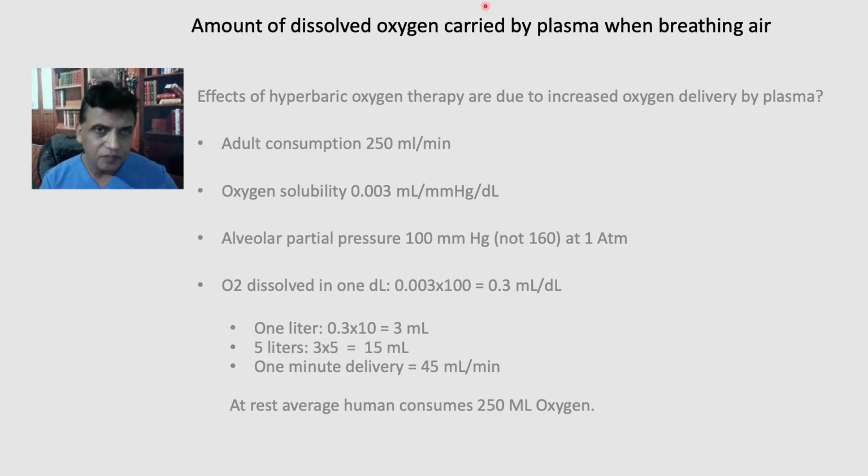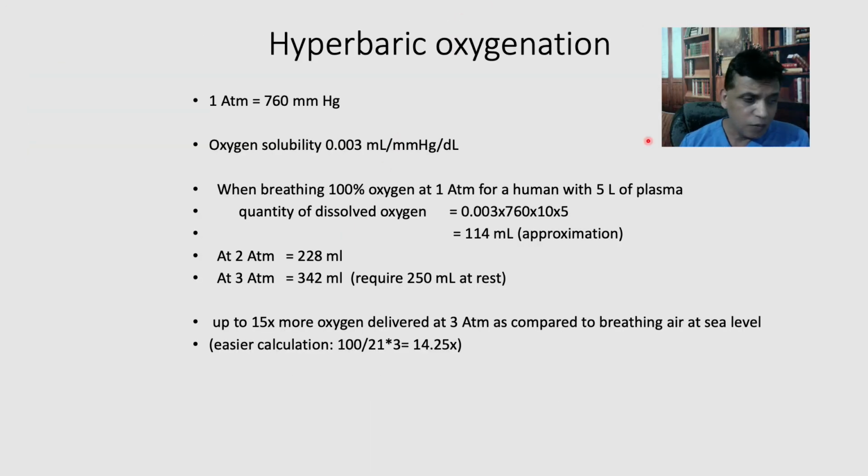Okay? So by what factor does hyperoxygenation increase the amount of oxygen delivered to the tissues as compared to when breathing normal air? Let's explore this. Briefly, 1 atmosphere is equal to 760 millimeters of mercury pressure. This is the oxygen solubility coefficient that we previously discussed.